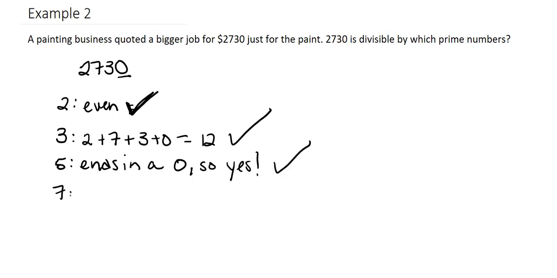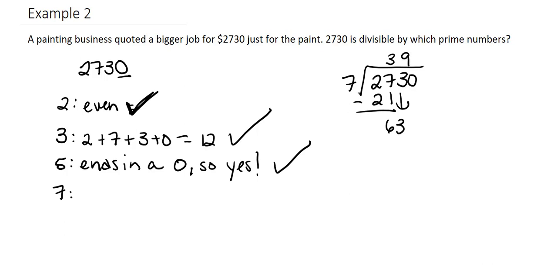Now we need to look at 7. This is when we start doing long division, for these bigger numbers. 7 can go into 27 3 times. We subtract, we get 6. Bring down the 3. Well, 7 can go into 63 9 times, because 7 times 9 is 63.